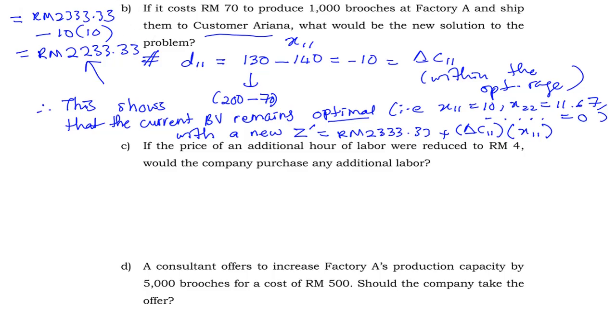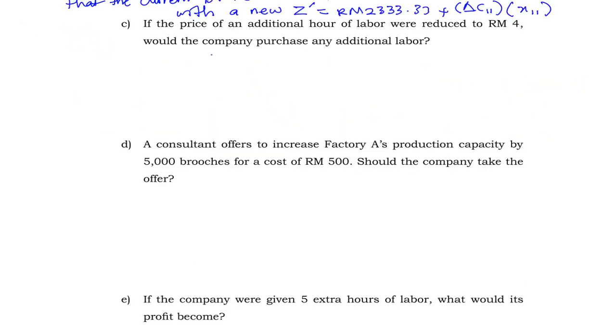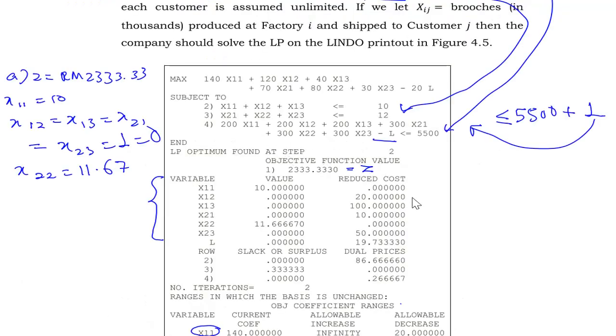Part C: if the price of an additional hour of labor were reduced to RM4, would the company purchase any additional labor? So the change is for the coefficient of the labor variable. The original coefficient is minus 20.